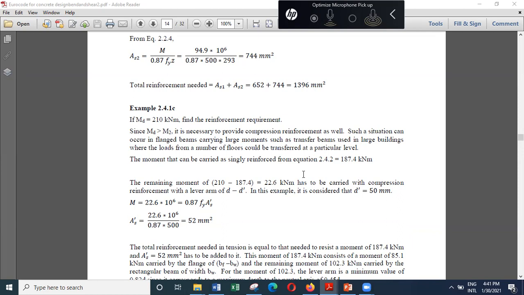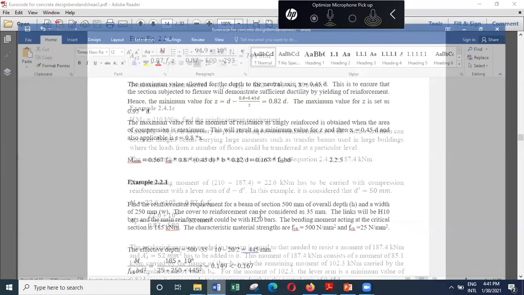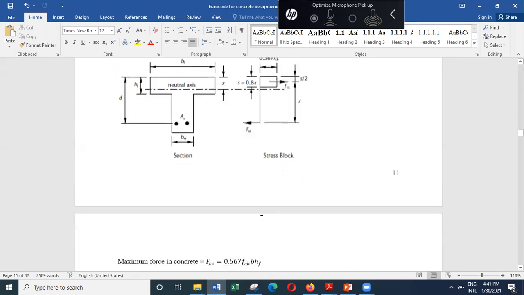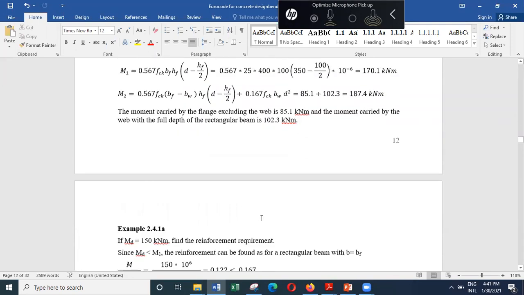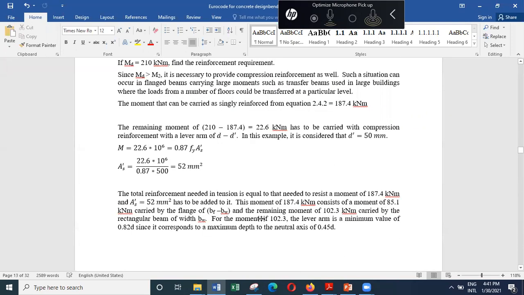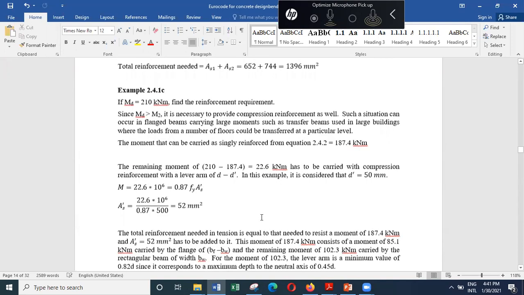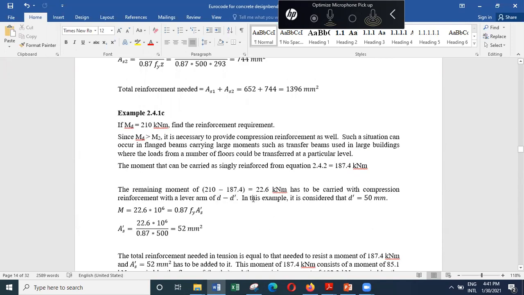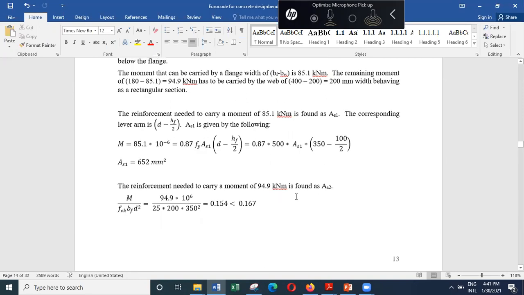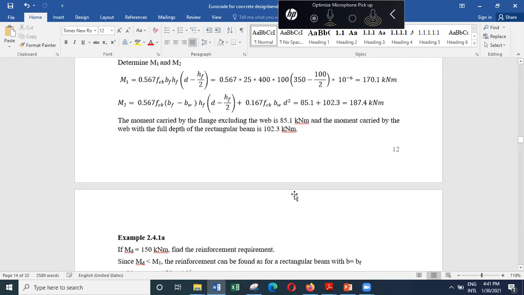There's something wrong in the equation. Here we should get D minus D dash, is that right? Yes. Compression D dash is 50. D is 350.